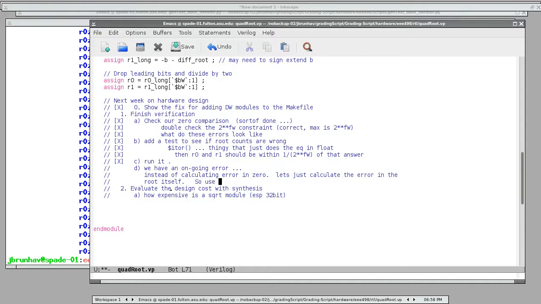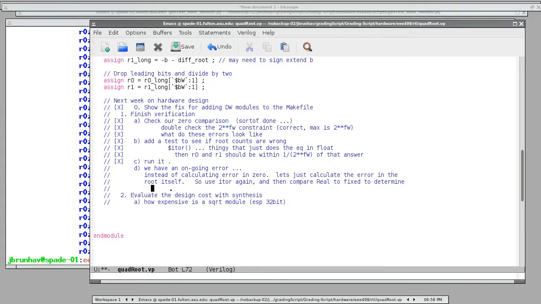So use I2R again, and then compare real to fixed to determine the absolute error. Absolute error should be the LSB of the fixed point root.